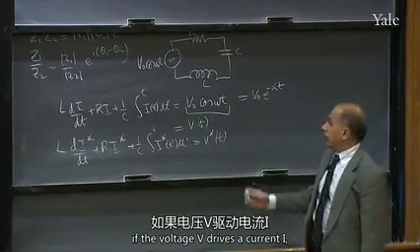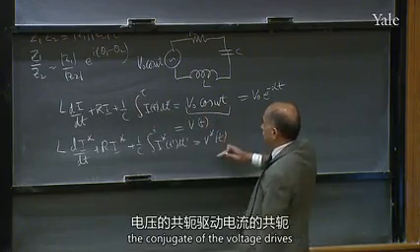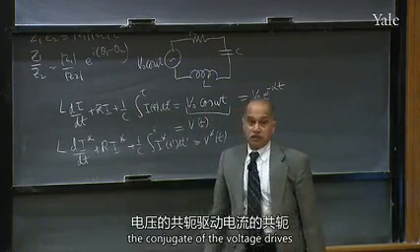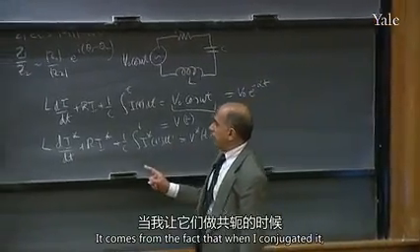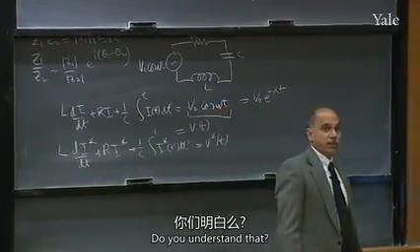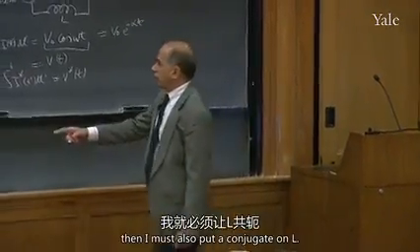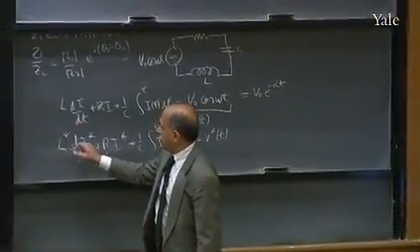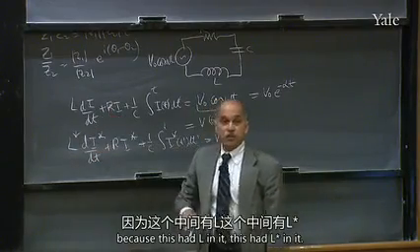In other words, if the voltage V drives a current I, the conjugate of the voltage drives the conjugate of the current. That simply follows from the equation. It comes from the fact that when I conjugated it, L, R, and C are real. Do you understand that? Suppose L were imaginary, or had an imaginary part, then I must also put a conjugate on L. Then I star obeys a different equation, because this had L in it, this had L star in it.